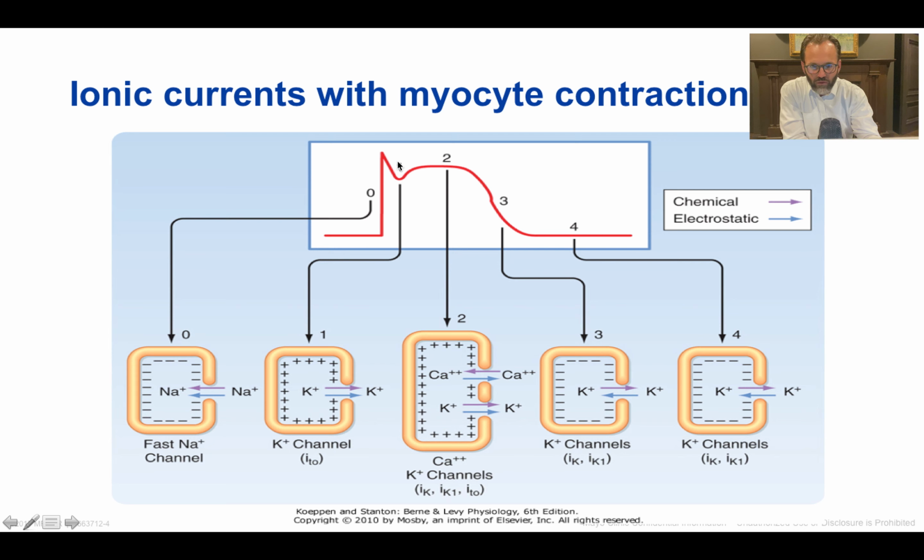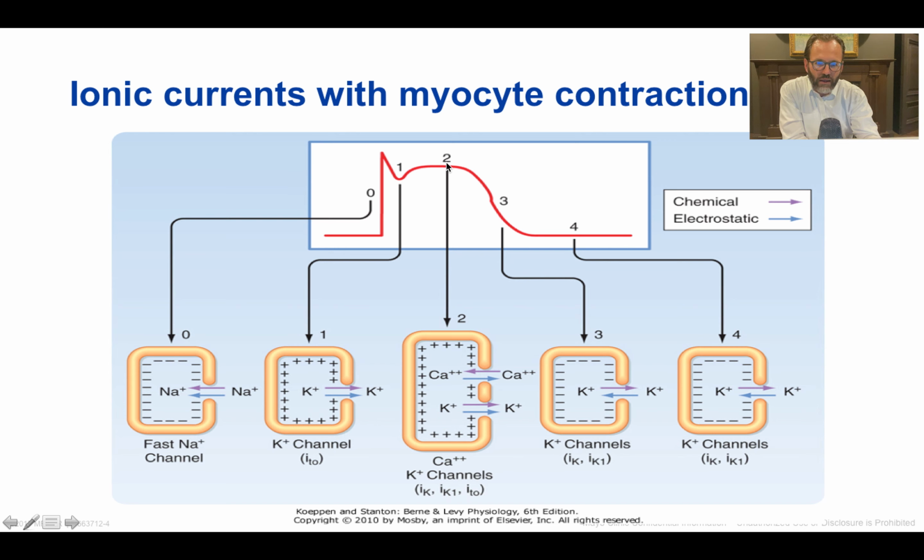But then before this repolarization becomes too substantial, what we have is the substantial influx of calcium into the cell through the opening of these calcium channels. And so again, now we have a very sustained, long duration action potential, with this largely being driven by the voltage sensitive calcium channels.